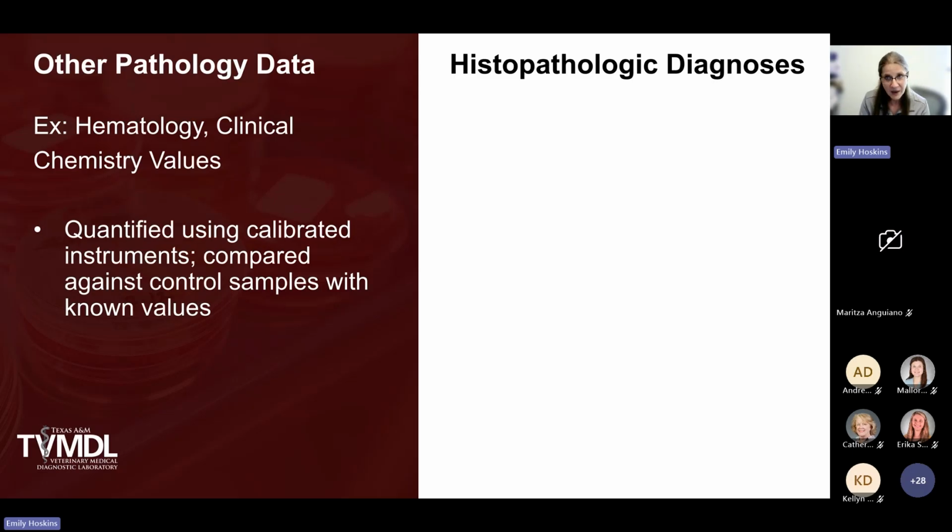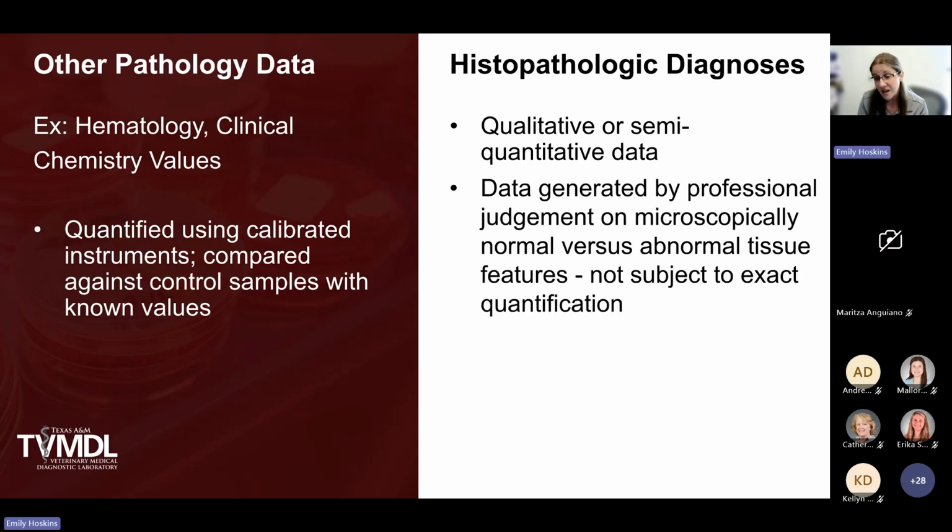When it comes to histopath, this is going to be qualitative or semi-quantitative data at the most. And that data is generated by professional judgment on what is microscopically normal versus abnormal tissue. And that's not really subject to exact quantification.